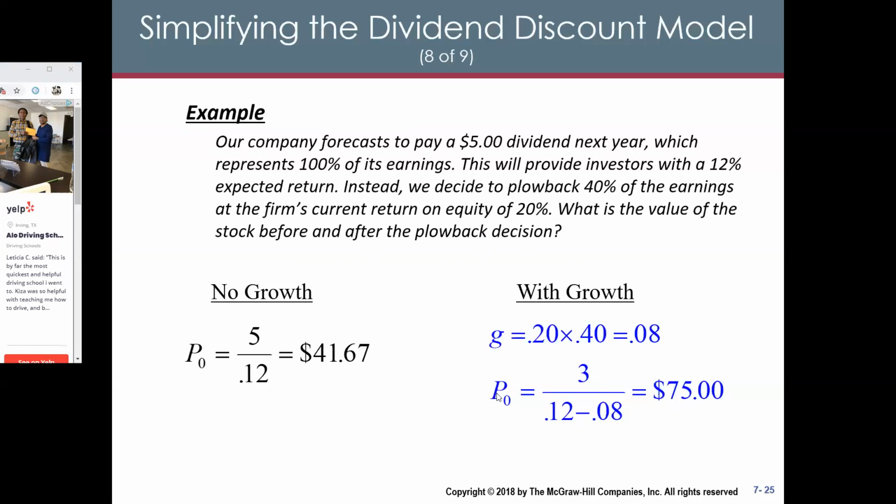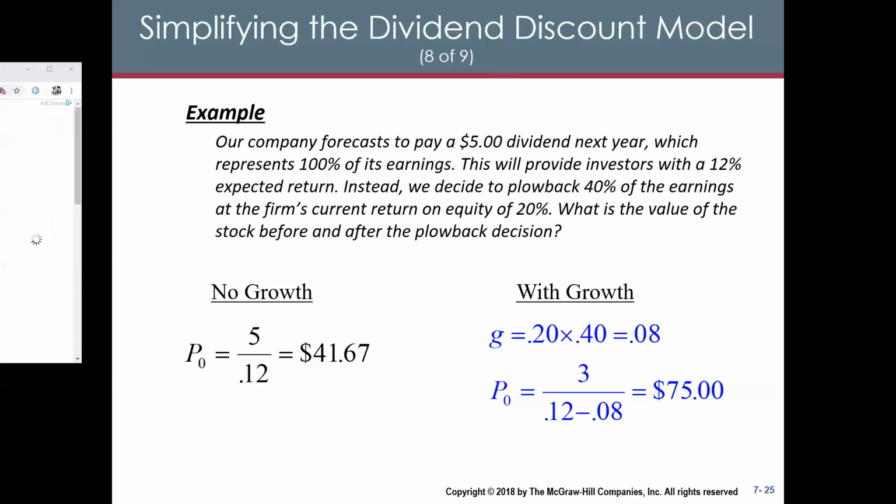And the price here is based on the new dividends because we are plowing back 40%. So the dividends will only be 60% of your old dividends. So the earnings is $5. You decide to retain 40%, or $2. You only have $3 as dividends you can pay out to the investors.